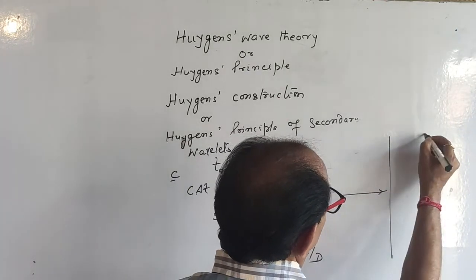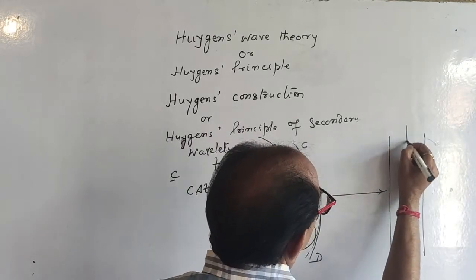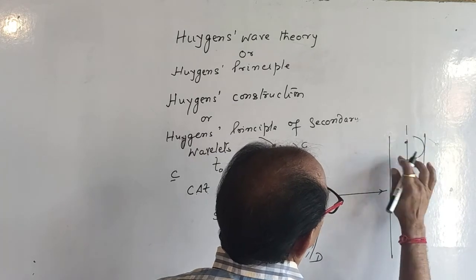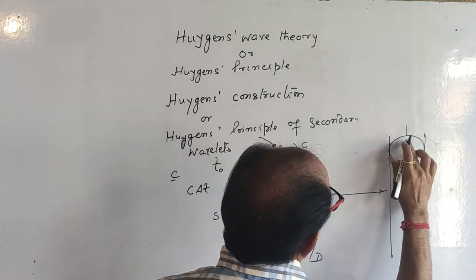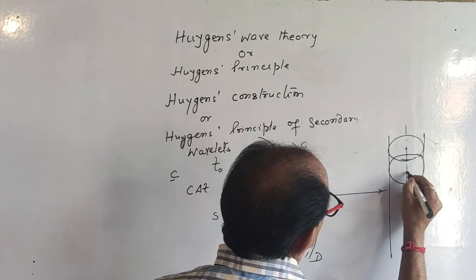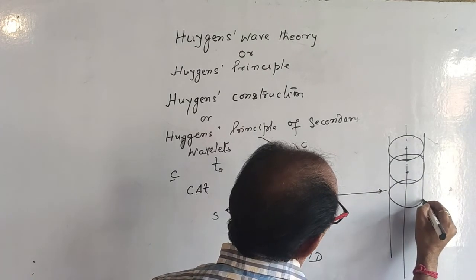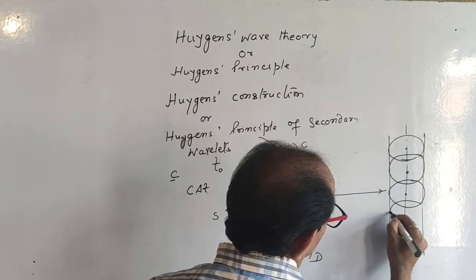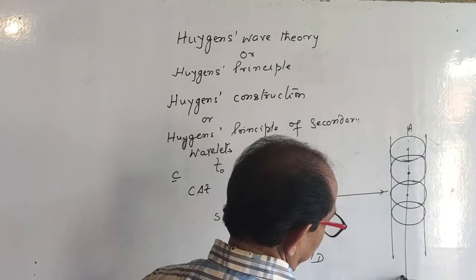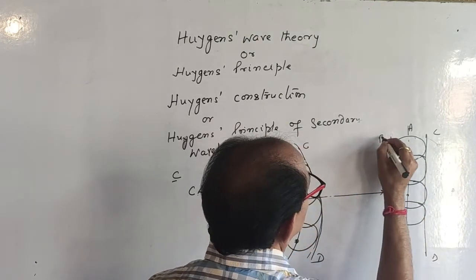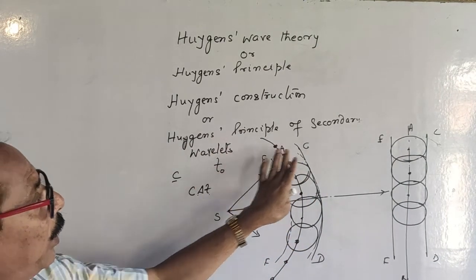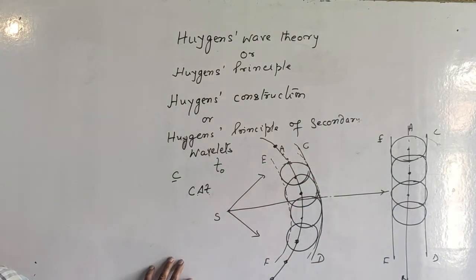We can draw AB, CD, and EF. So we can construct the secondary wavelet with the help of the Huygens principle.